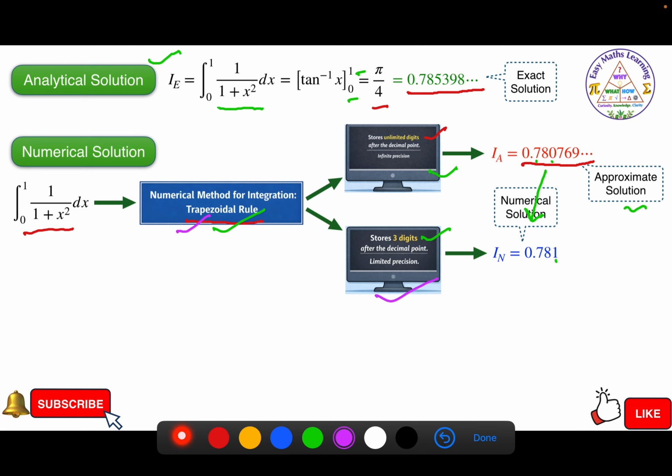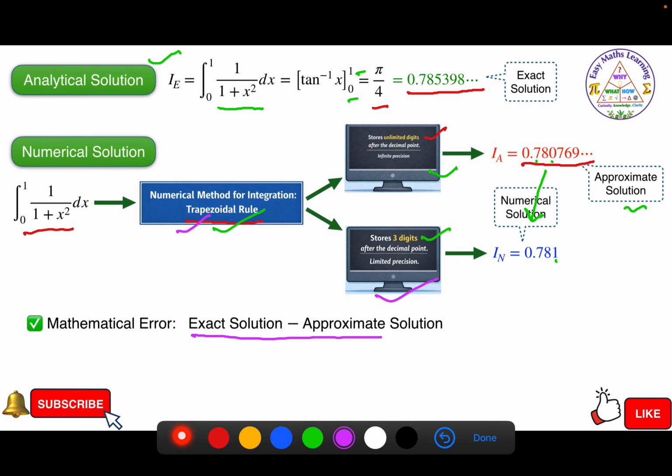So now we can clearly separate the errors. Mathematical error comes from the method, that is exact solution minus approximate solution. So this is mathematical error that comes due to this numerical method.